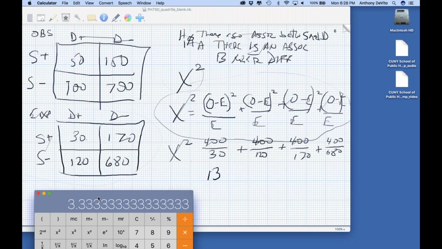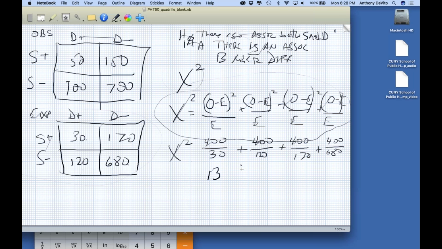I'm just going to stick with whole numbers here. Plus 3, plus this looks like it's roughly going to be 2. This looks like it's going to be roughly 1.5, 1.1. Okay, 400 over 680. No, it's going to be 0.6.